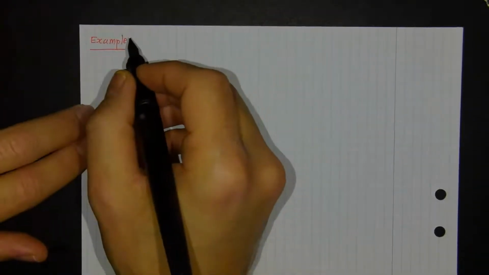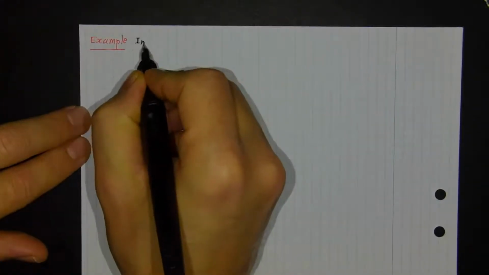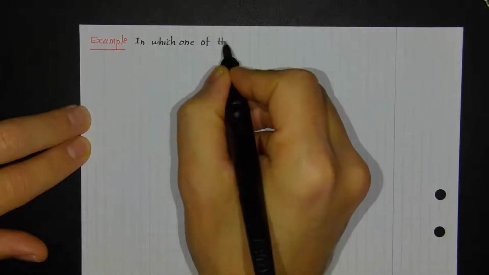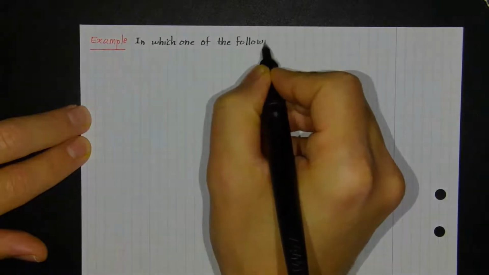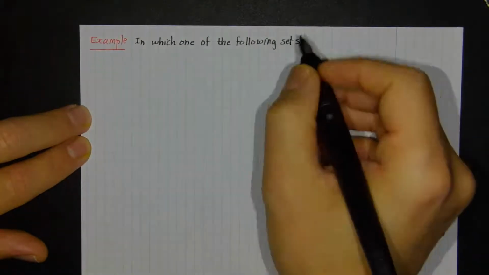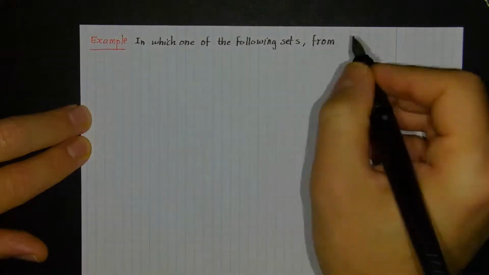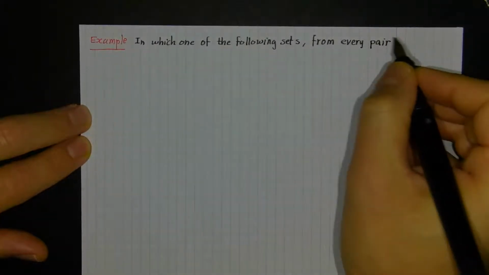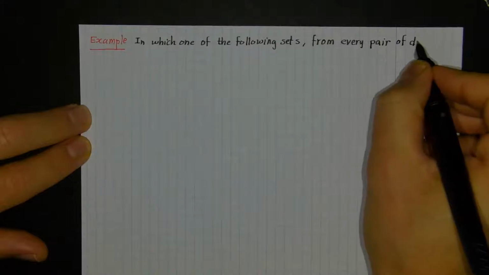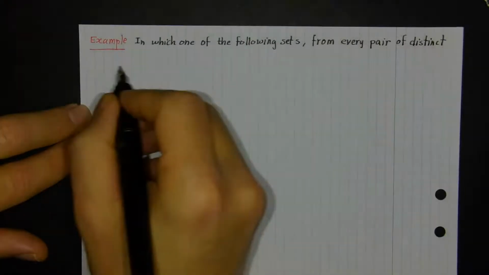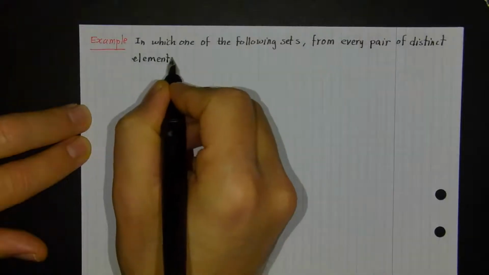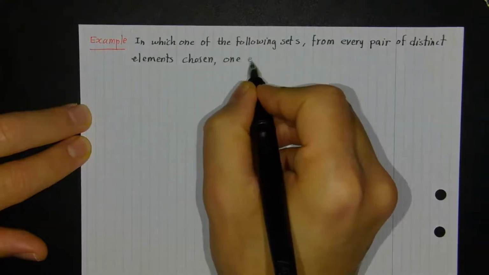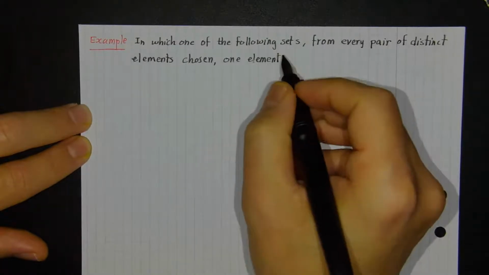In which one of the following sets, and I don't know how to express myself properly, hopefully this is clear, from every pair of distinct elements chosen, one element is an element of the other.